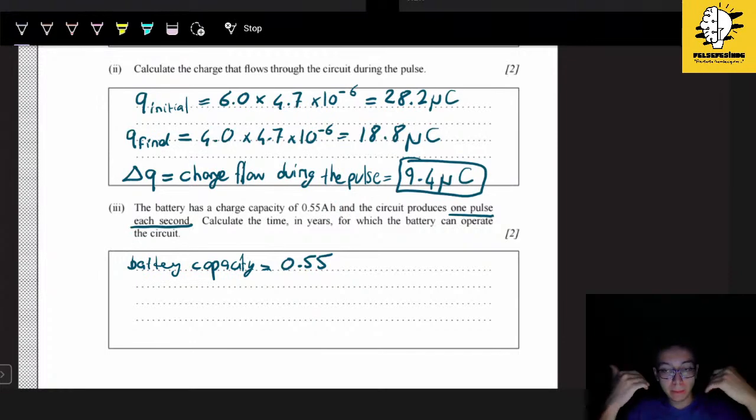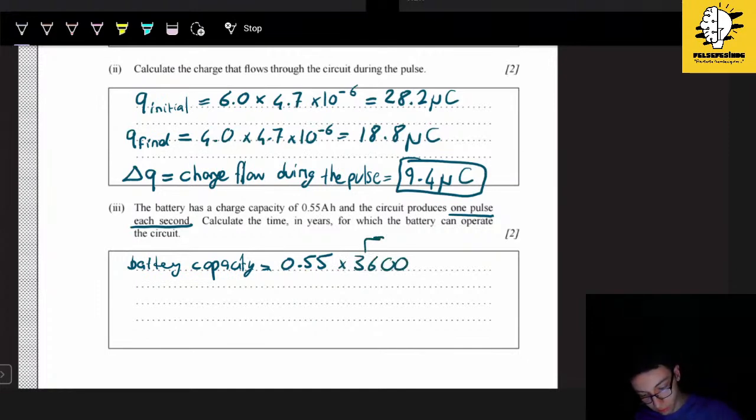Coming from here, we will find 1980 coulombs.